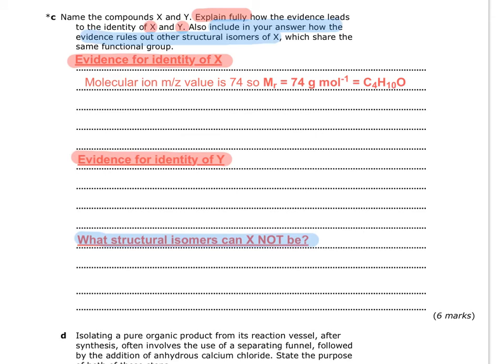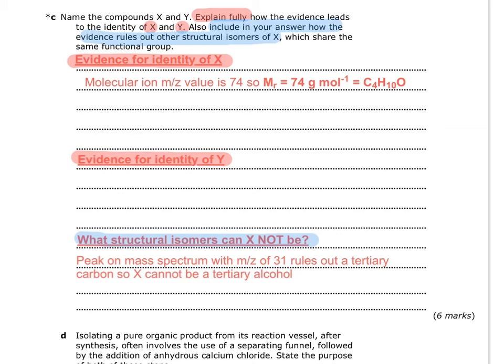The next thing to look at, seeing as we're on the subject of the mass spectrum, is the fact our attention was drawn to a peak at 31, or m over z of 31. So we can put something down in our ruling out section. So what structural isomers can X not be? It can't be a tertiary alcohol, because an m over z of 31 rules out a tertiary carbon. Why would that be?